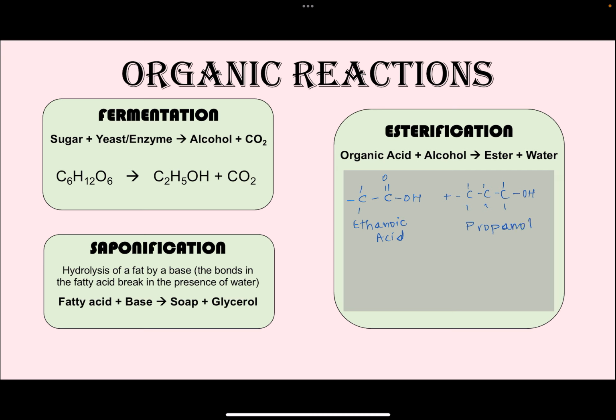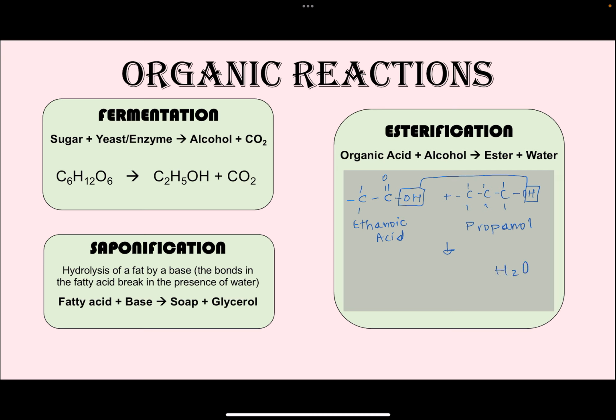Okay, so now what happens in esterification is that the OH from the ethanoic acid and the hydrogen from the alcohol, these two things are going to combine, and they are going to make water in the products.